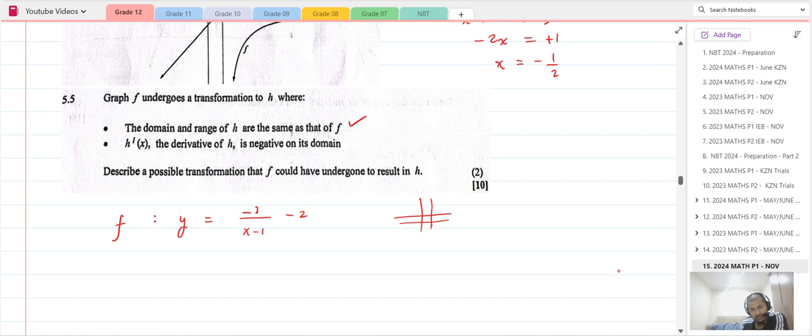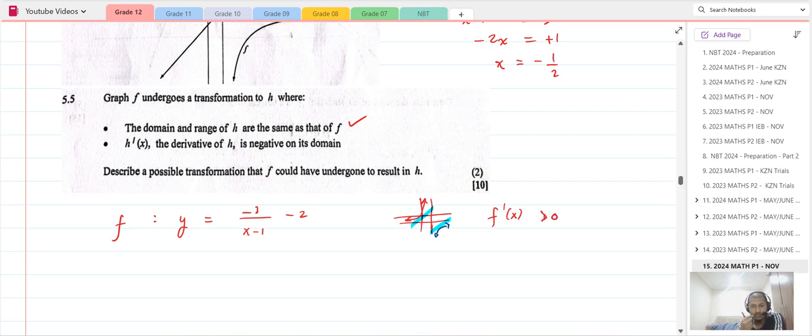The graph is here and there. We know this is positive because it's an increasing function. The original f graph is always increasing, so f prime x is greater than 0.